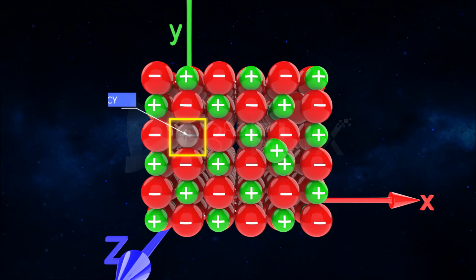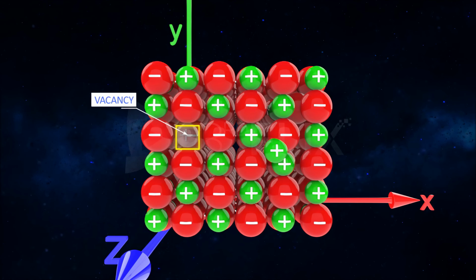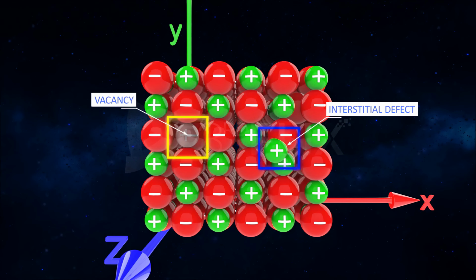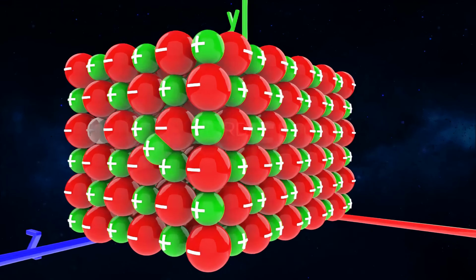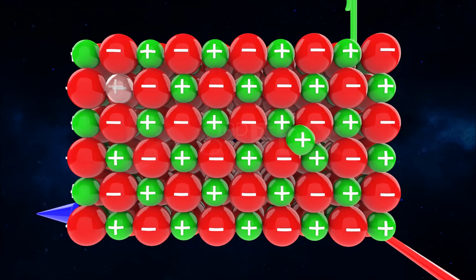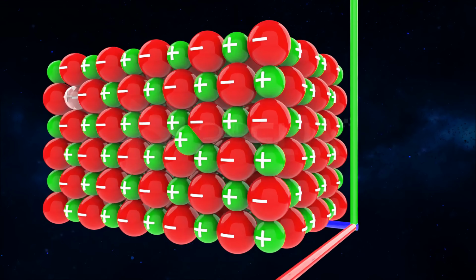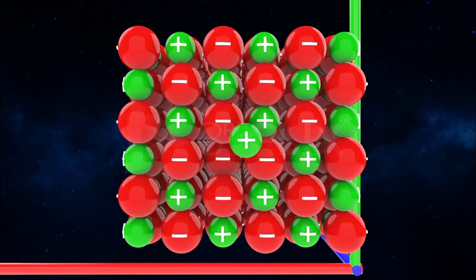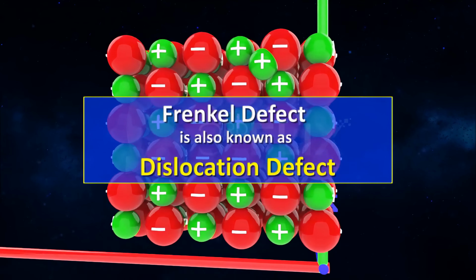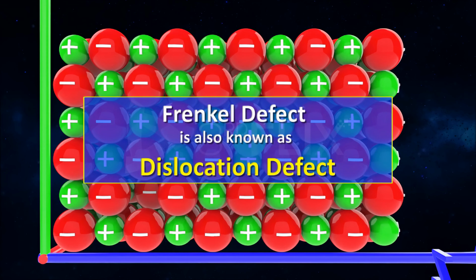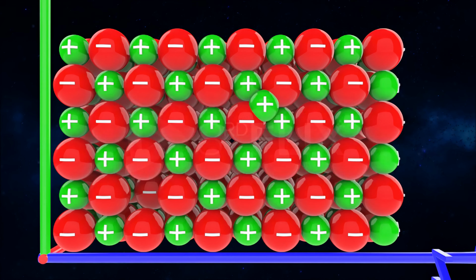This creates a vacancy defect at the original site and an interstitial defect at a new location. As Frenkel defect arises due to the dislocation of ions, it is also known as dislocation defect.